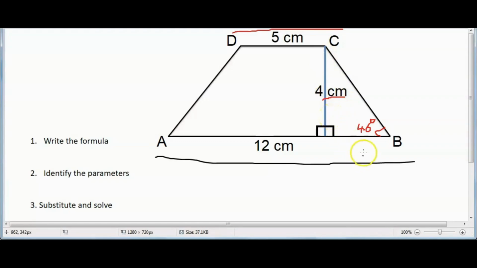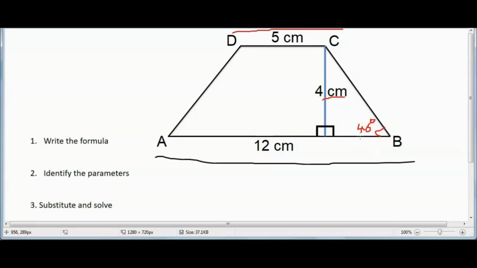There's an angle of 46 degrees. So in a trapezium, the parameters that need to be defined are the two parallel sides, which are DC and AB, then the height, which is BC, and the angle, which is 46 degrees.